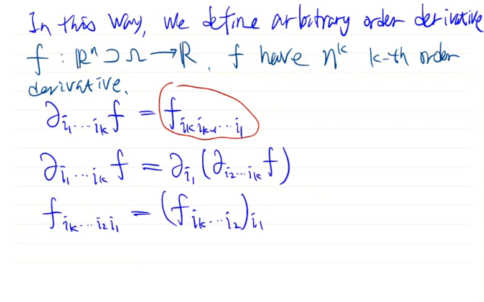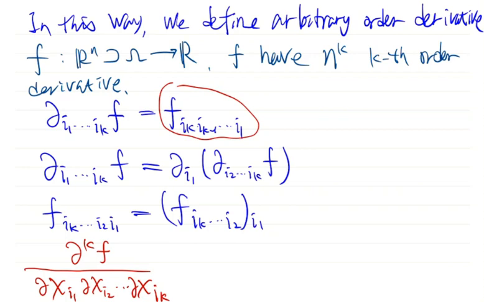The classical notation of a kth order derivative is this: d^k f over dx^i1 dx^i2 ... dx^ik.